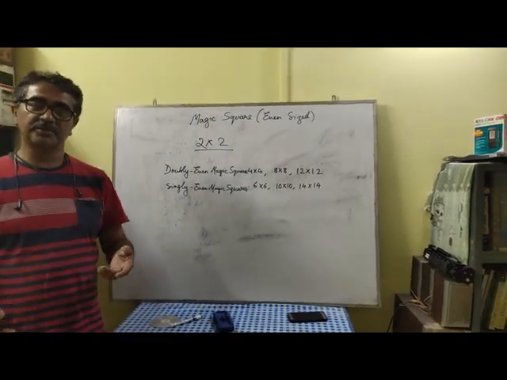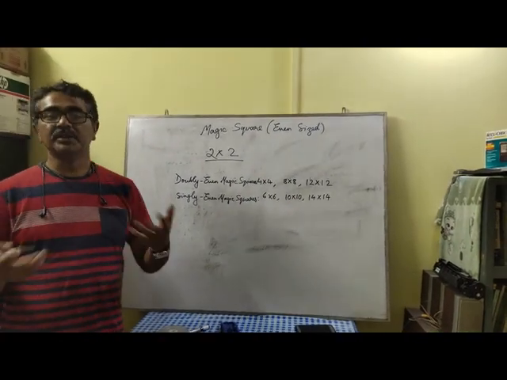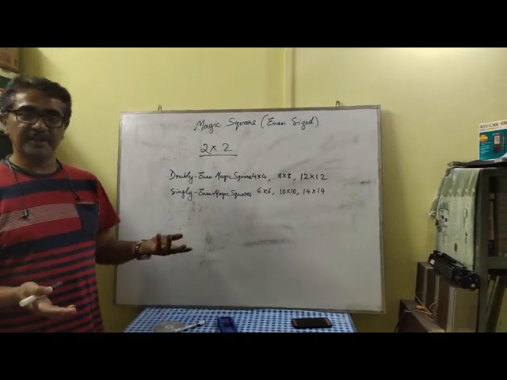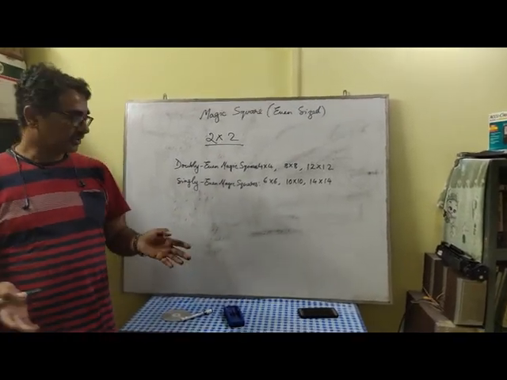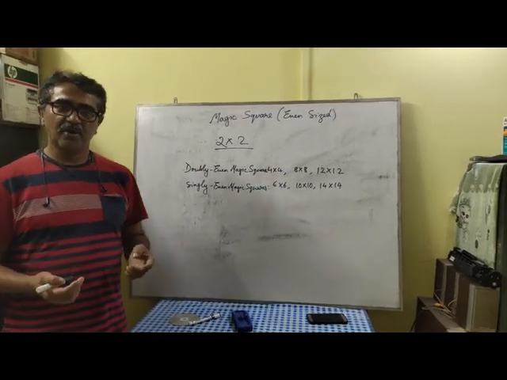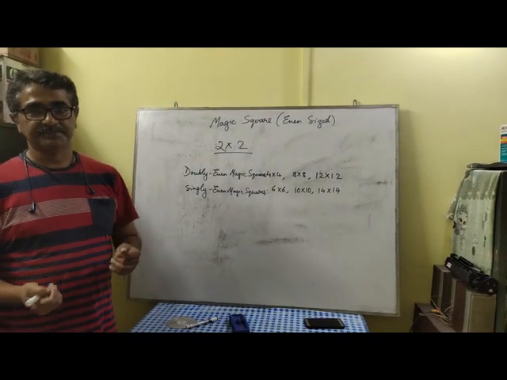In fact, all the source code of my videos prior to this particular video can be found in my blog. You can always download the source code and enjoy generating magic squares, or you can make your own logic and start developing it. Thank you.